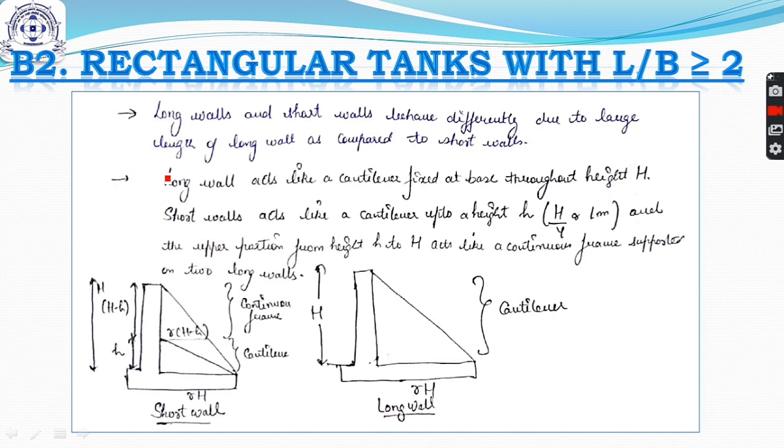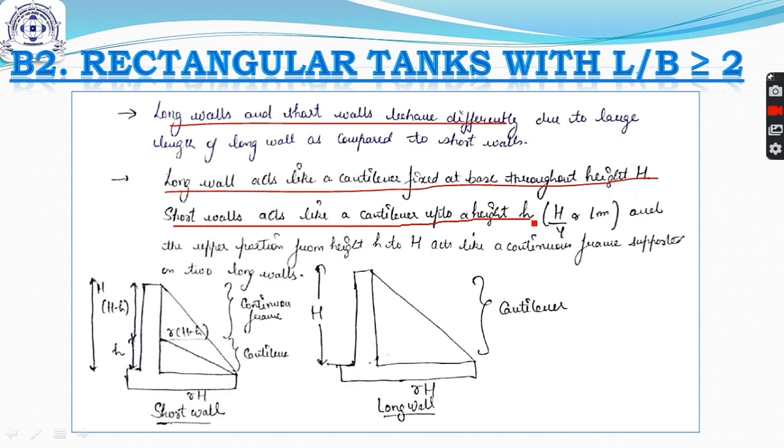As the long wall is quite large as compared to the short walls, their lengths are not comparable. So long walls and short walls behave differently. What difference lies? Long walls act like a cantilever fixed at the base throughout the height h, and short walls act like a cantilever up to height small h, and the upper portion acts like a continuous frame supported on two long walls.